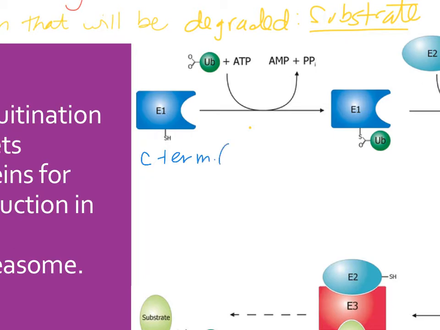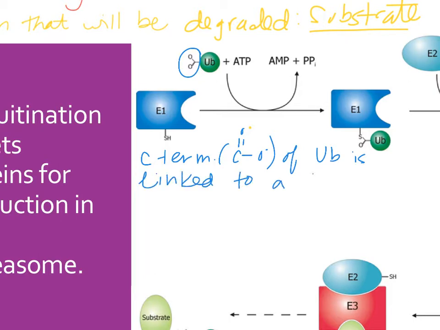the C terminus, which is this carboxylic acid, and you can see it right here, the C terminus of ubiquitin is linked to a cysteine residue, which has an SH on the side chain.